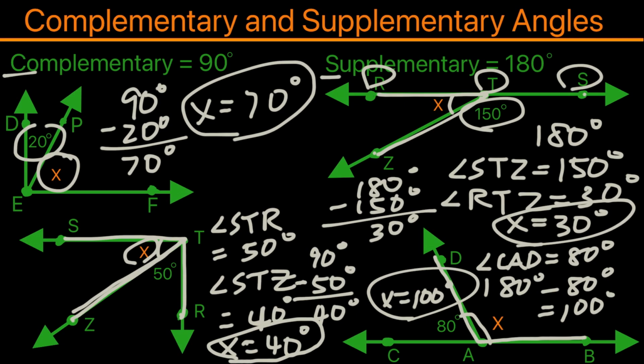S, the first letter of supplementary, is bigger than C from complementary, so supplementary would be 180 degrees. So that's one way that you could memorize whether complementary means 90 degrees or supplementary equals 180 degrees.